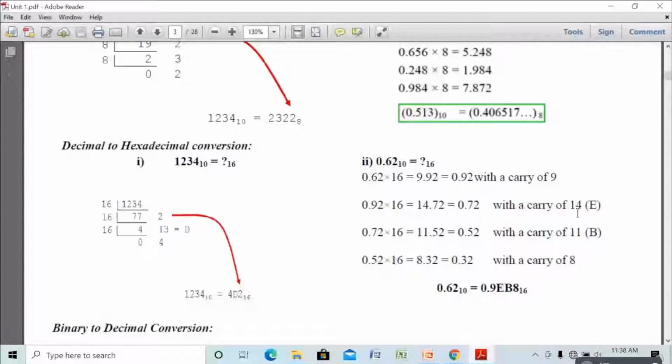So do one example. Hexadecimal conversion. Note it down. 2479 to hexadecimal.